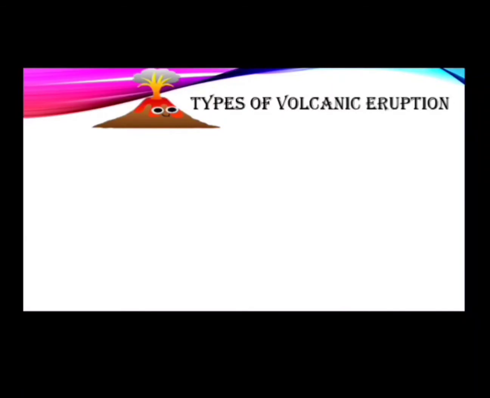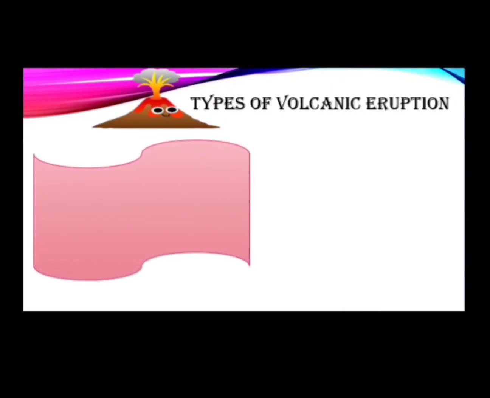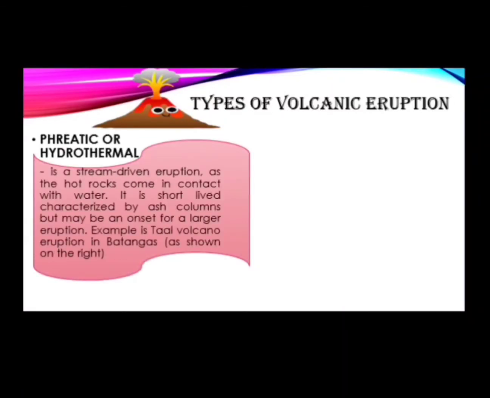With regards to the types of eruption, there are different types. Number 1 is the phreatic or hydrothermal. It is a steam-driven eruption as the hot rocks come in contact with water.